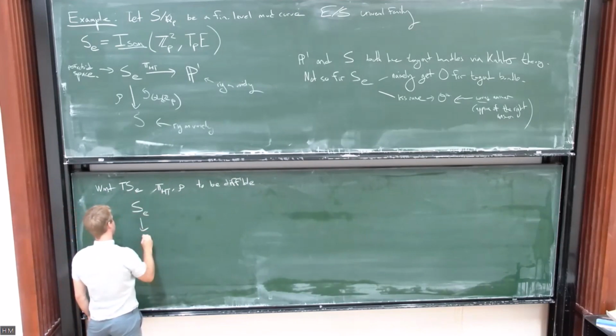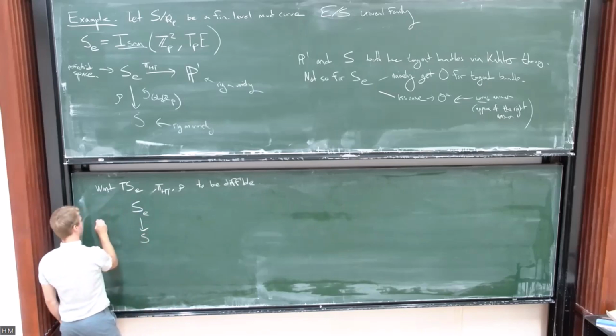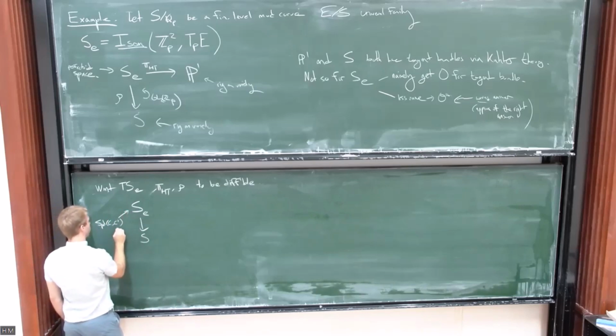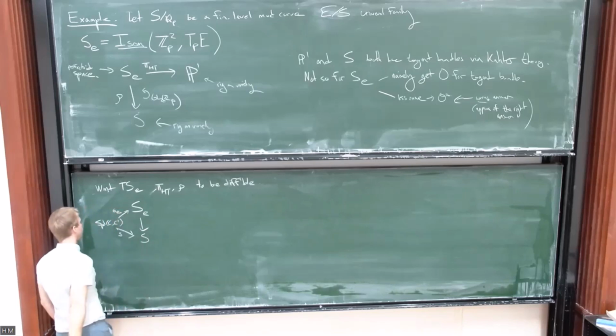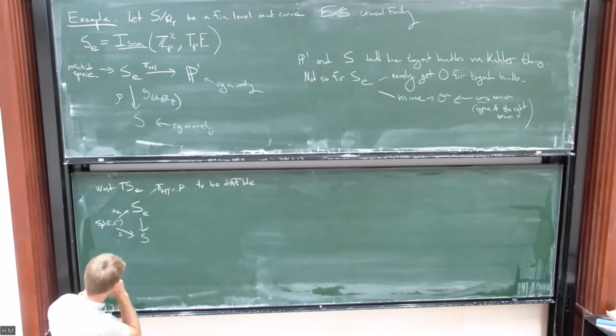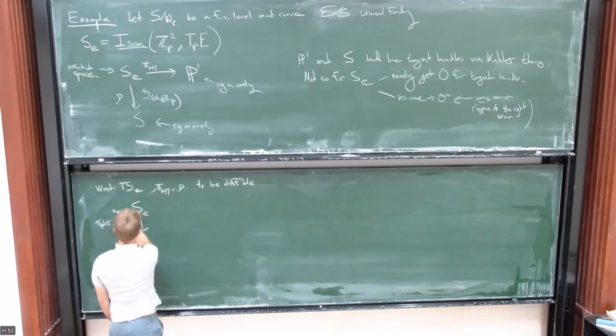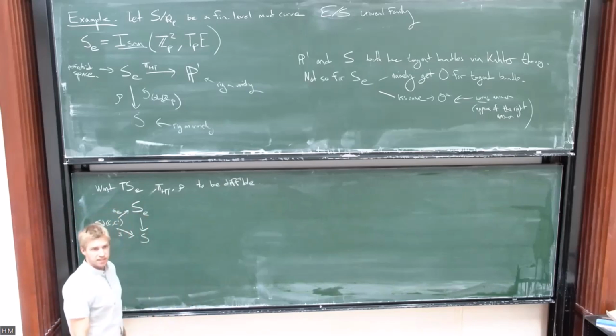This map goes to S, and I'm just going to take a geometric point, so little s at the bottom, and then little s sub e at the top. And I want to compute the tangent space of S_E at that point.